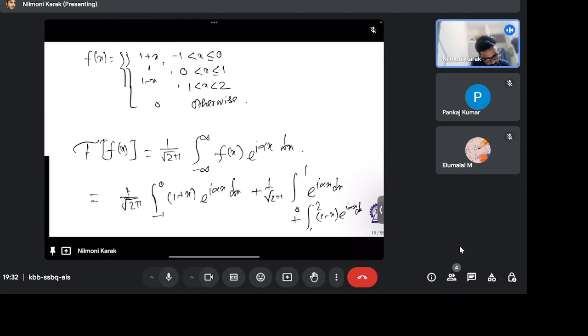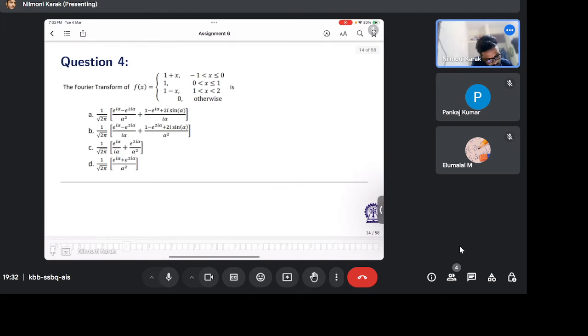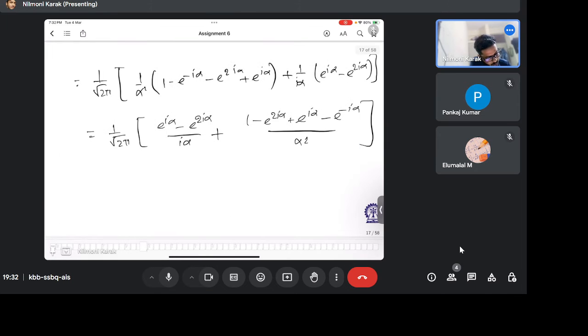What happened? The option is not okay. Sine alpha is there. So you have to make it sine alpha here. So e to the power i alpha minus e to the power minus i alpha, this is 2i sine alpha, right?